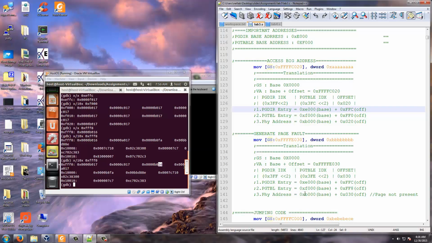So if you look at the code on your right hand side, you see that it has been given here. So I am generating some huge address which will map onto this FFF8, right? And there you find out that the page is not present. Okay. So this is basically how I generate a fault.